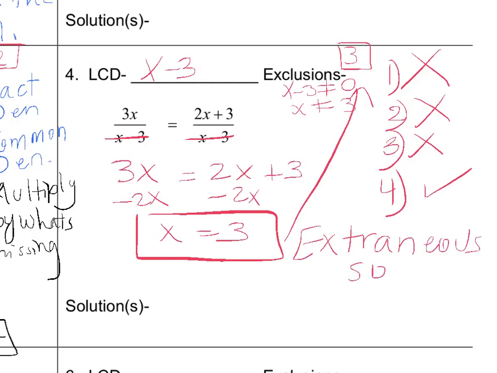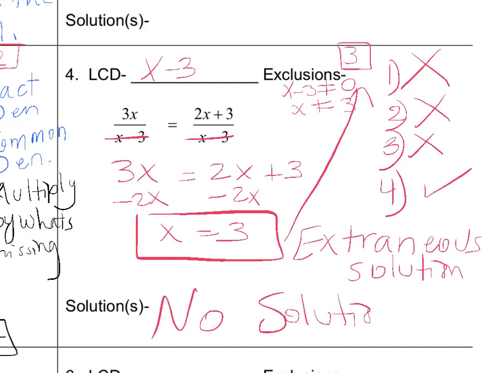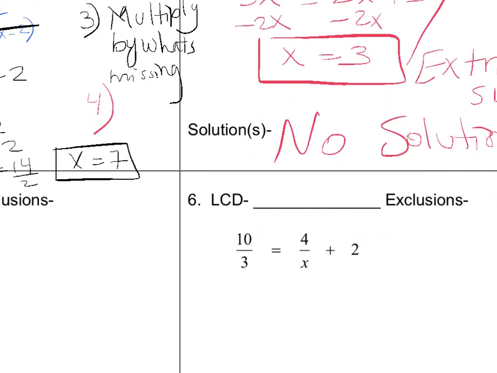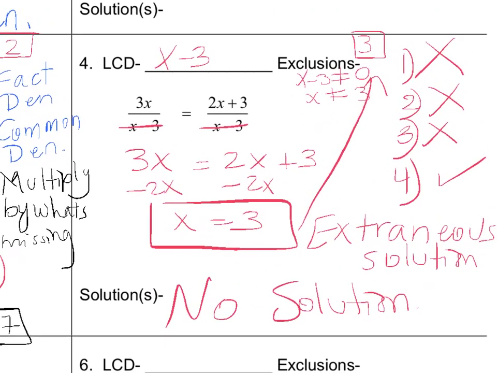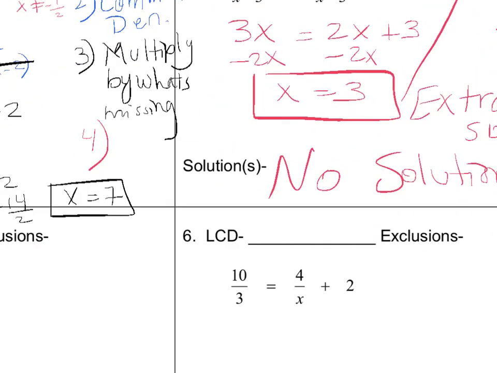And you would just say that there's no solution to this question. So that's why it's important to know what the exclusions are. And they are whenever you have the bottom equal to 0. Remember, if x is 3, if you plug in 3 minus 3 would be 0, and that is not allowed.